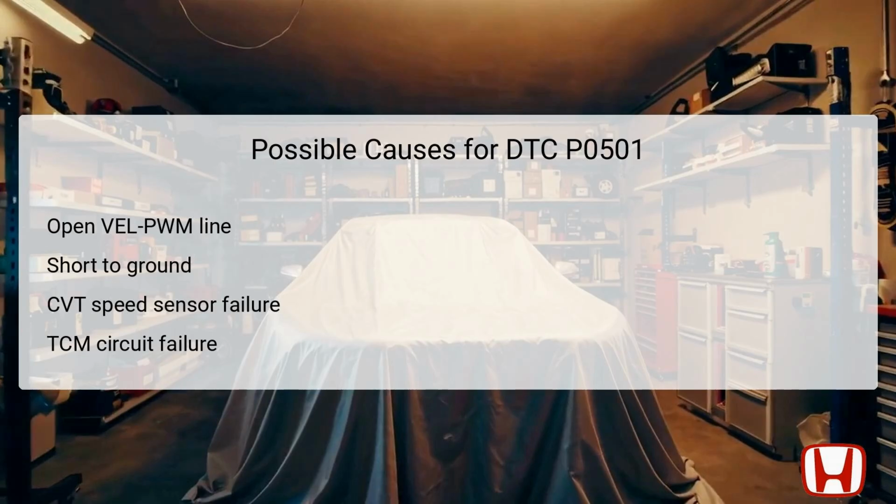Thirdly, failure of the CVT speed sensor itself may prevent it from providing accurate readings. Lastly, an internal circuit failure within the TCM can lead to misreporting or a complete inability to recognize signal outputs from the CVT speed sensor. Identifying which of these causes is responsible is essential for addressing the DTC accurately and effectively.